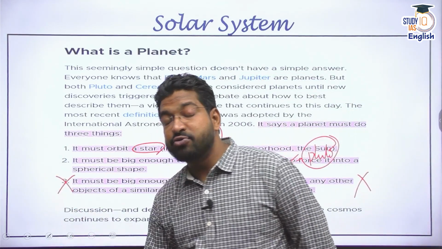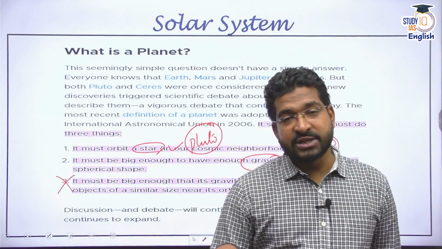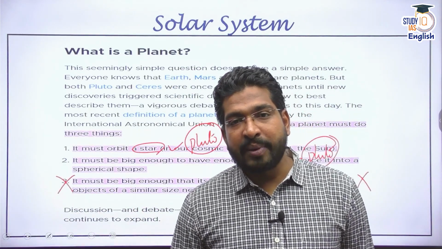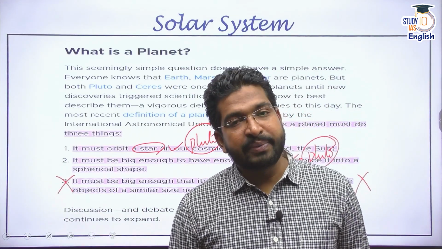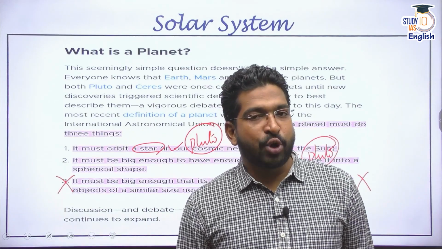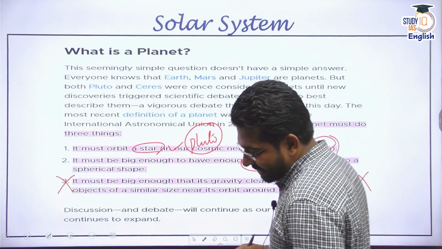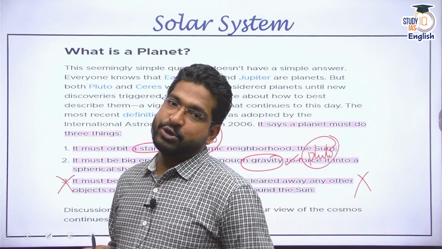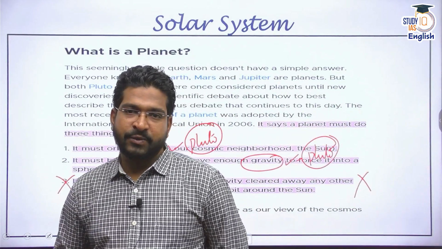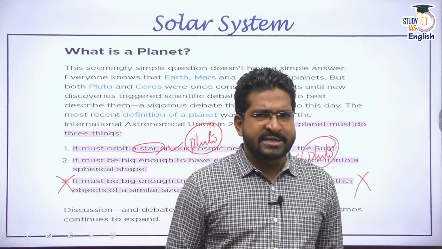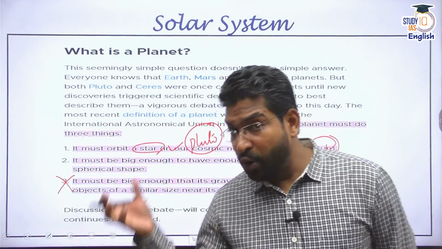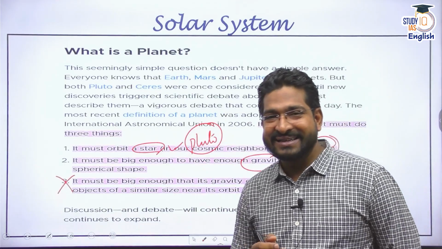That is why Pluto has been dropped from the planet list and put into the list of dwarf planets. Even after billions of years, Pluto has not been able to clear away other objects of similar size in and around its gravity impact. So there are many dwarf planets: there is Ceres, there is Makemake, and now Pluto also is a dwarf planet.